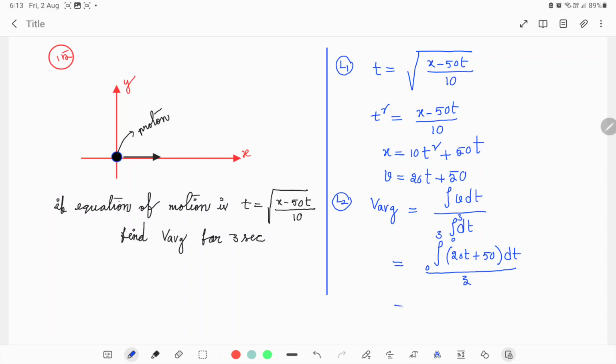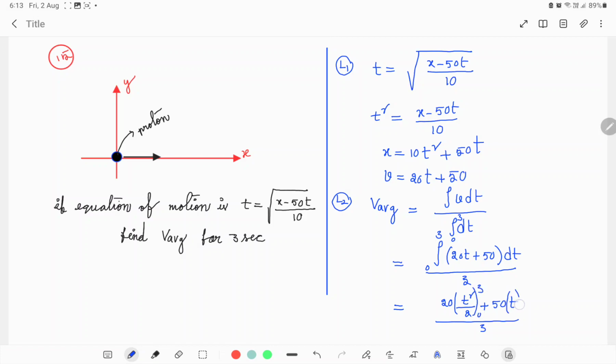Therefore if I integrate the above equation, we'll have (20t²/2 + 50t) divided by 3, and we apply the limits from 0 to 3.